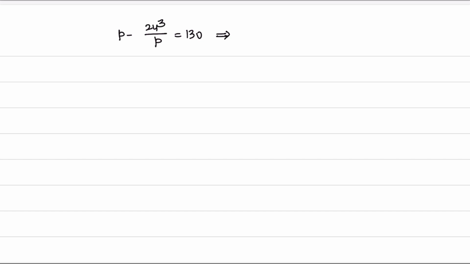Now what is the value of 24 cube? 24 cube is equal to 24 into 24 into 24, that is 576 into 24, 13824.